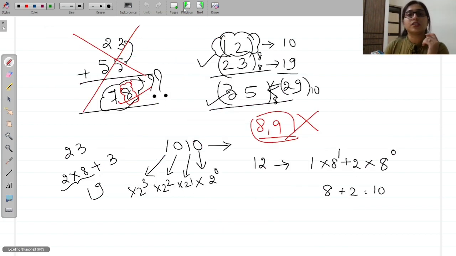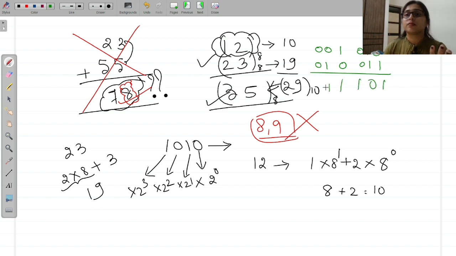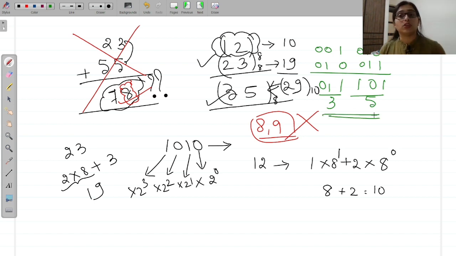So previously this one also I can do this. 0, 0, 1, 0, 1, 0. How is 2 represented? 0, 1, 0. How is 3 represented? 0, 1, 1. So now add this. What is 0, 1, 1? It is 3. What is 1, 0, 1? It is 5. So this is converting to binary and then back to octal. Okay. So this is also an easy method that you can follow.